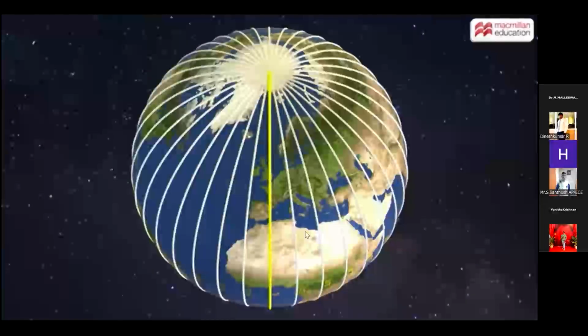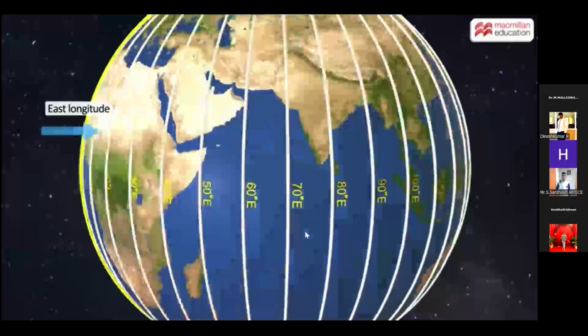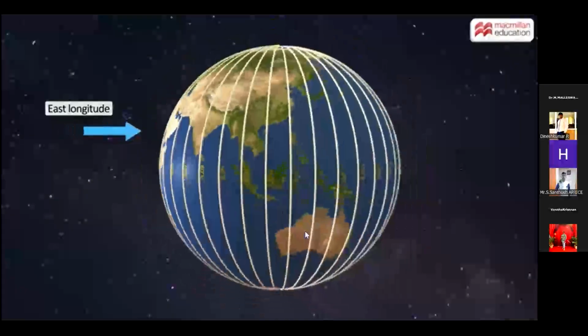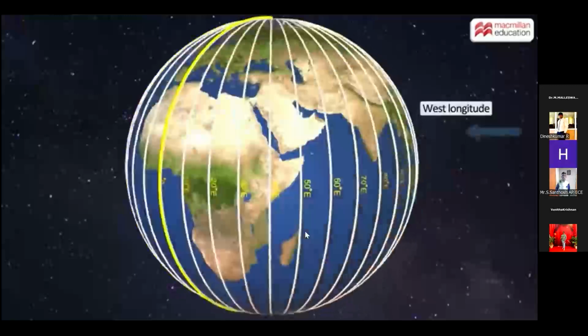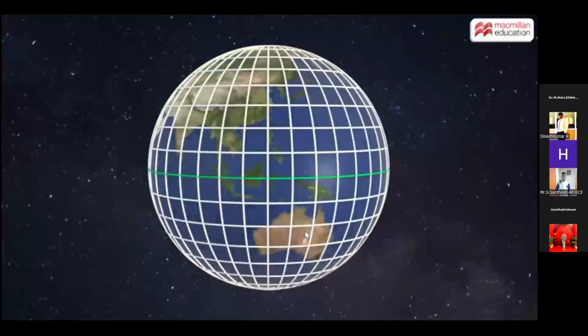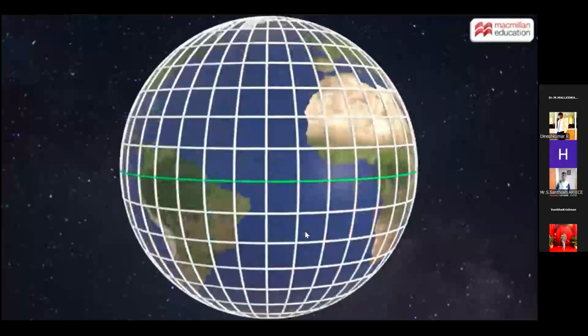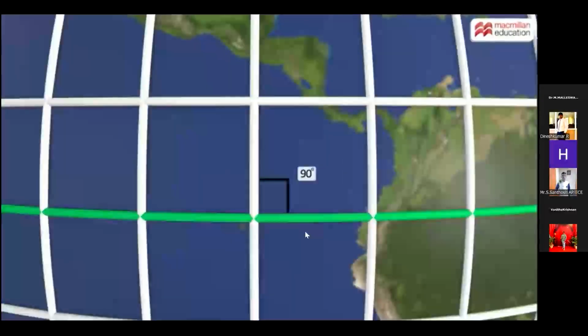One half of the world is measured in 180 degrees of longitude east, while the other half in 180 degrees of longitude west. Both the latitudes and longitudes form a grid in which they intersect each other at right angles.